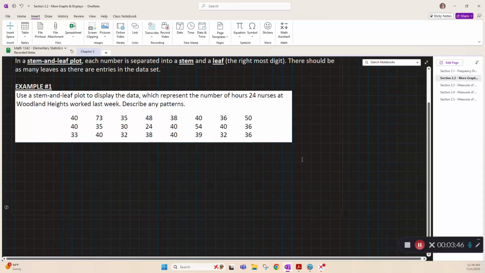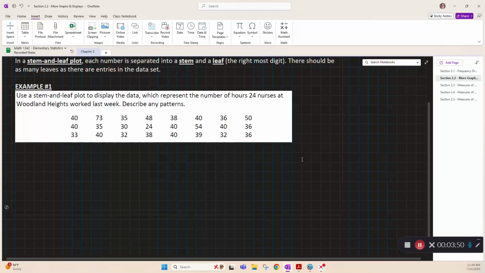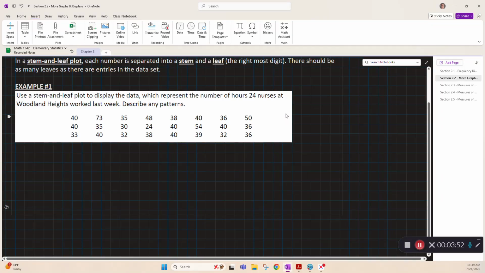Here, it asks us to use a stem and leaf plot to display the data, which represents the number of hours 24 nurses at Woodland Heights worked last week. And then we have to describe any patterns that we see.